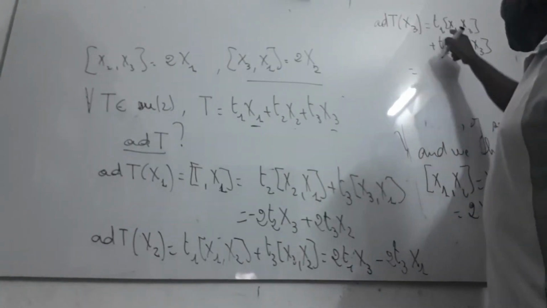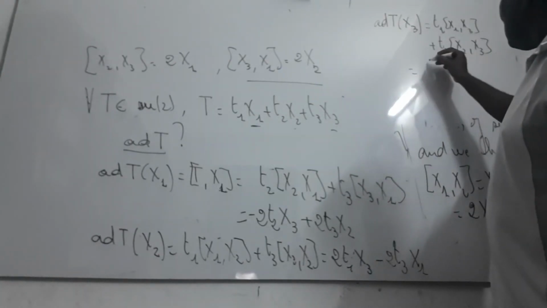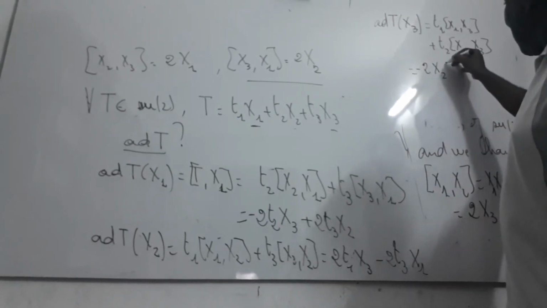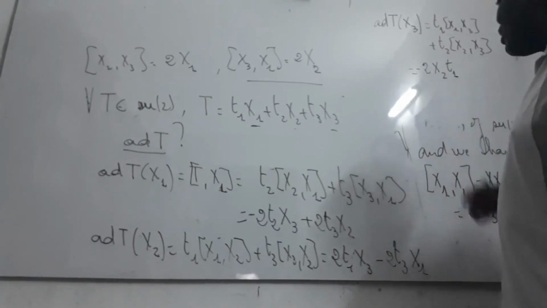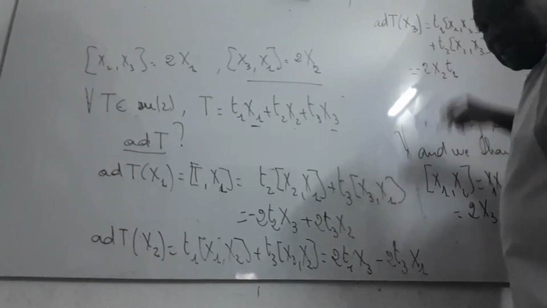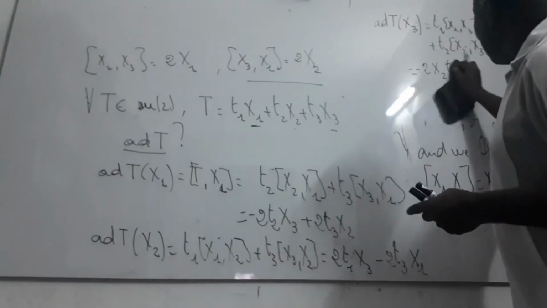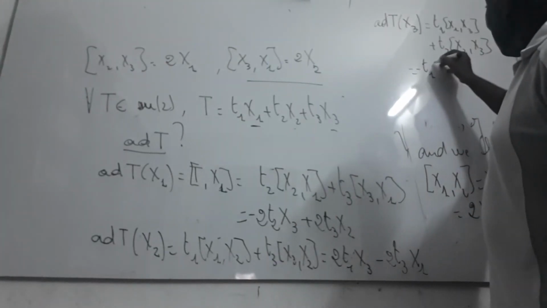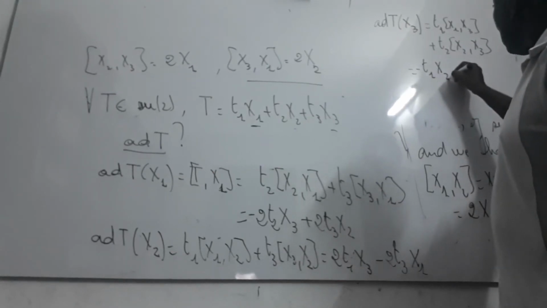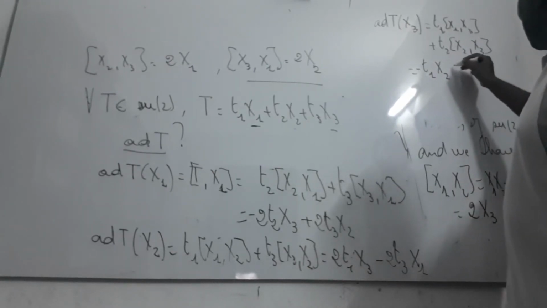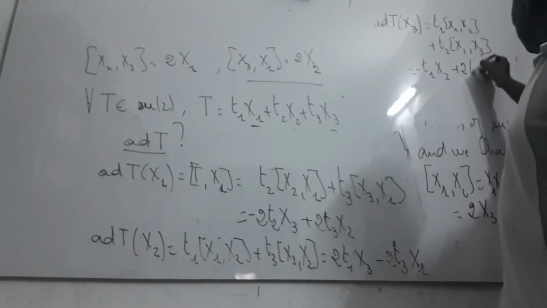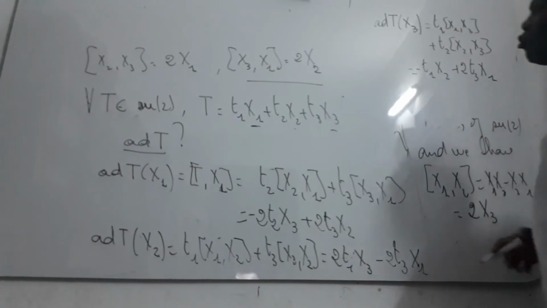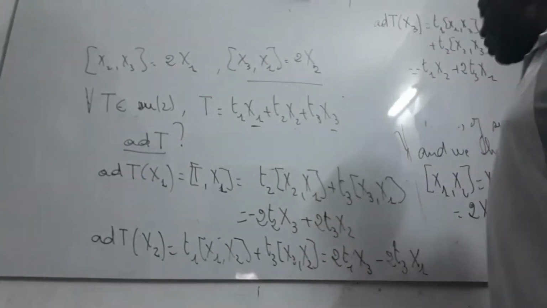And then you have S1, S2, you have 2 T1 minus 2 T1 S2. Here you have plus 2 T3 S1.